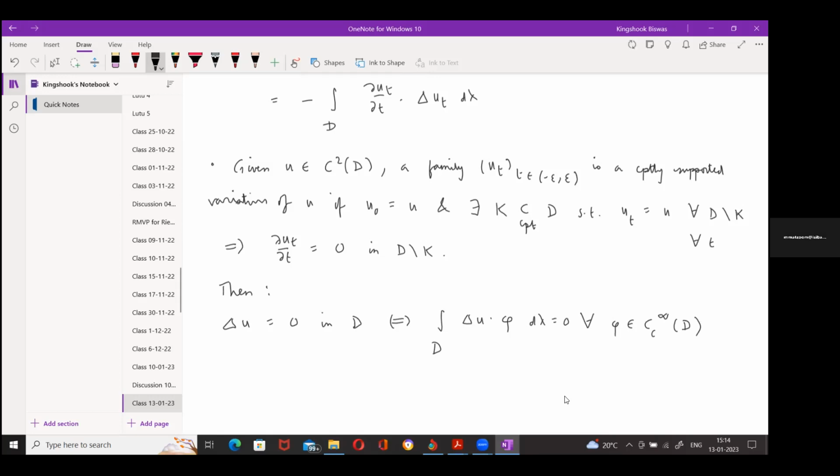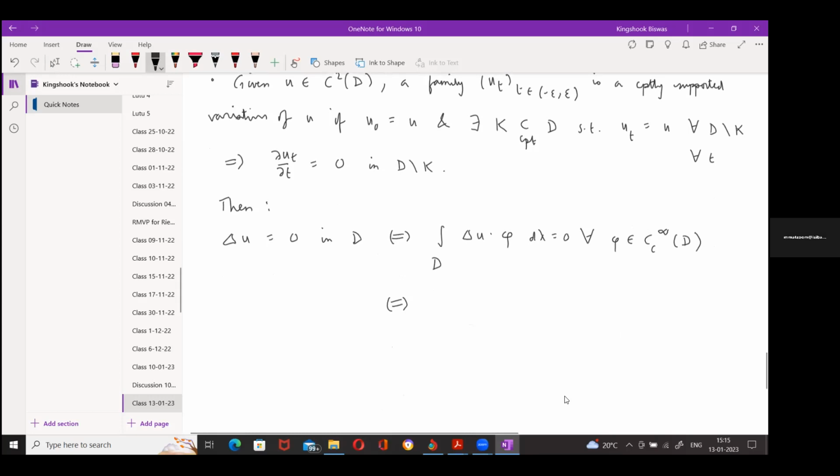And this is the same as saying that this is the derivative at time 0 of the energy of a compactly supported variation of u.